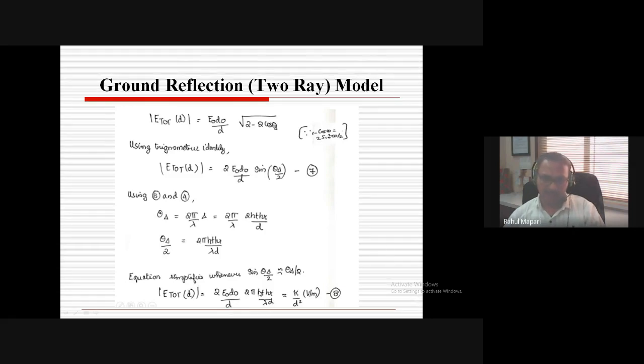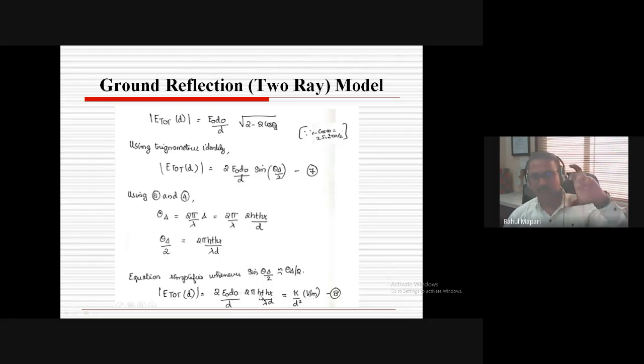Now, you tell me, 4 is constant? Yes or no? 4 is constant. Then E0, D0 are the reference values. Then pi is a constant value.